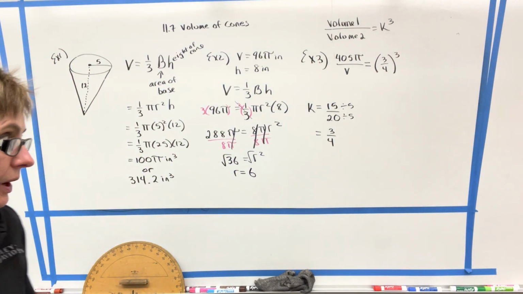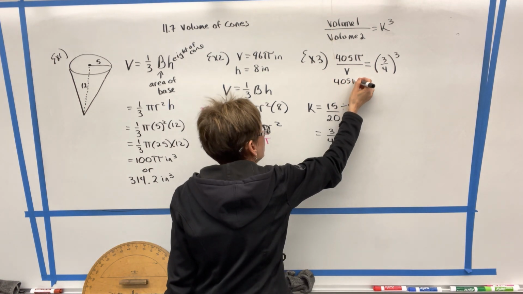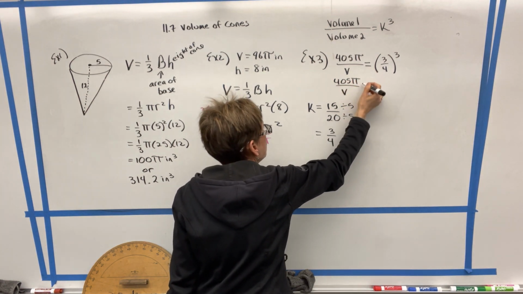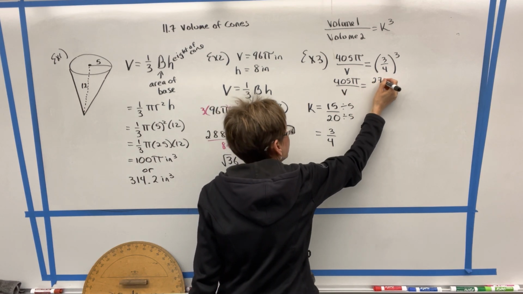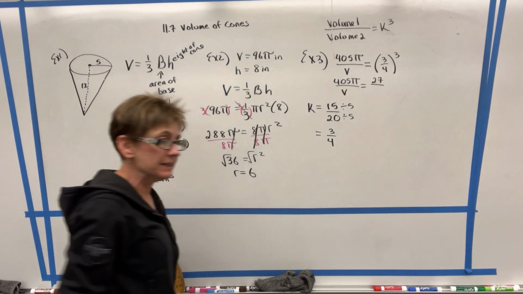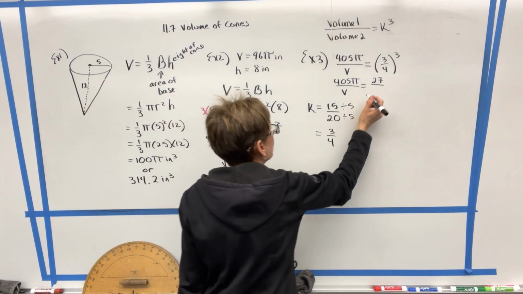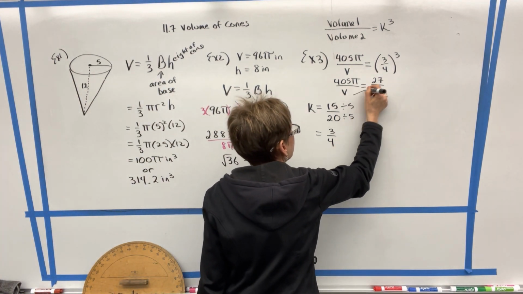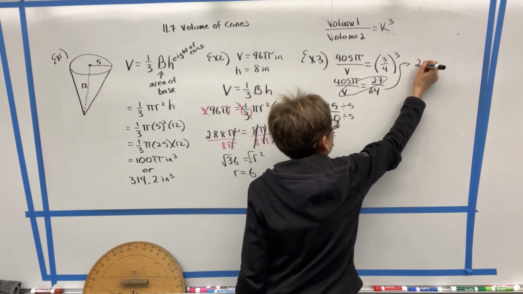Now to continue solving this, I'm going to bring down this step that I have here. So 405 pi over V. 3 cubed is 3 times 3 times 3, which is 27, and 4 cubed is 4 times 4 times 4, which is 64. Then what I want to do is cross multiply.